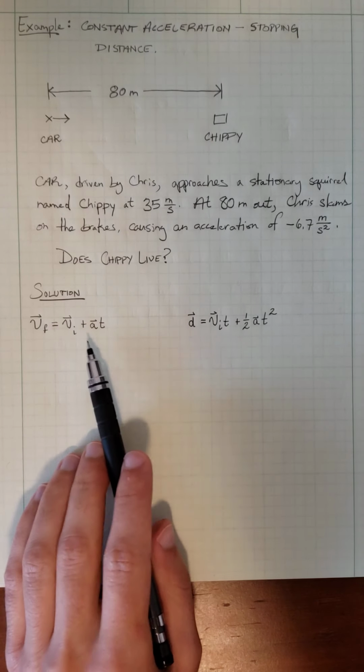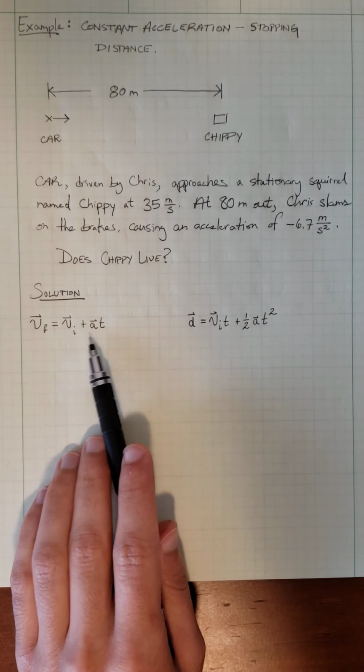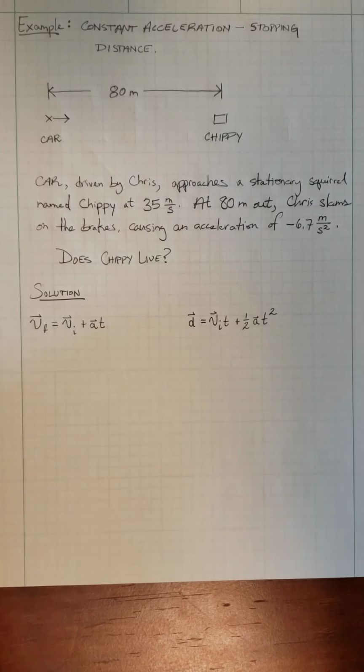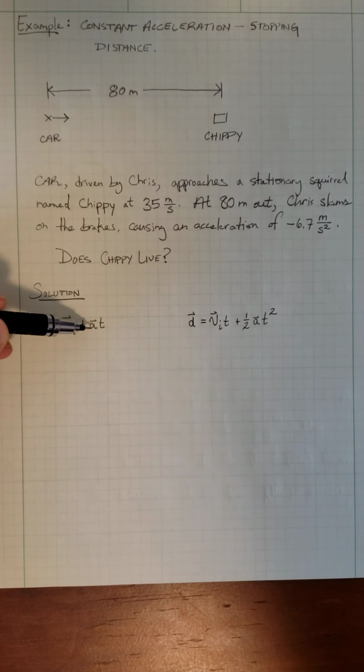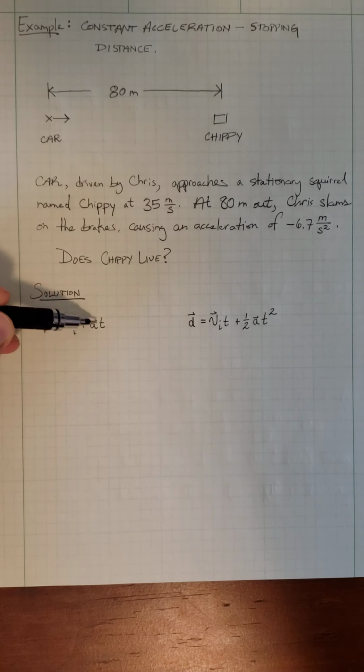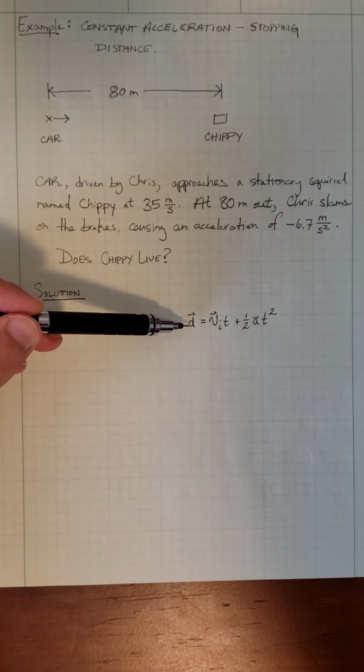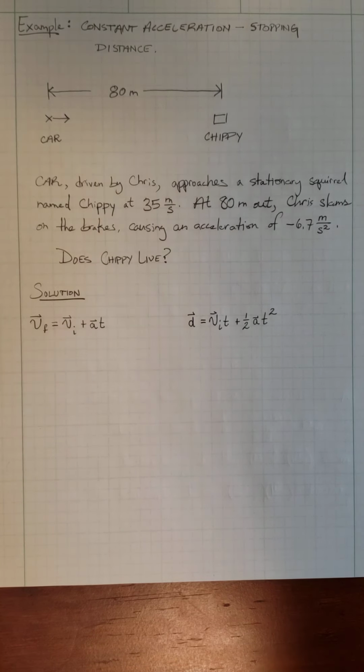We come over here. Do we have enough information here? I think we do. We have initial velocity and acceleration, as we said. We don't have time. Do we have final velocity? Well, it isn't directly stated, but we're asking how much distance will it take to stop?